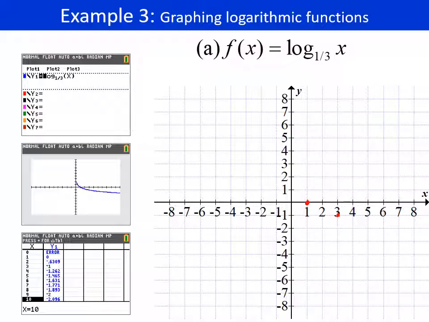That would be way over here on the edge of our graph. And I know that this never, see the error message, never touches the y-axis. So this is our sketch of the graph.